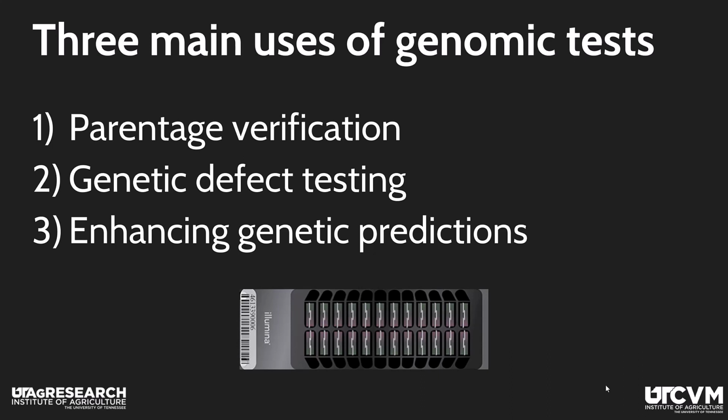But as we start to think about some of the other harder to see, harder to measure genetic defects that come in the form of what we call lethal haplotypes, genomic tests on populations become really, really important for identifying, predicting those, and avoiding carrier matings. So something that I think we can learn a lot from the dairy industry on. They've done an exceptional job of managing these lethal mutations and these genetic defects in their population. So again, a big part of what genomic tests do for us.